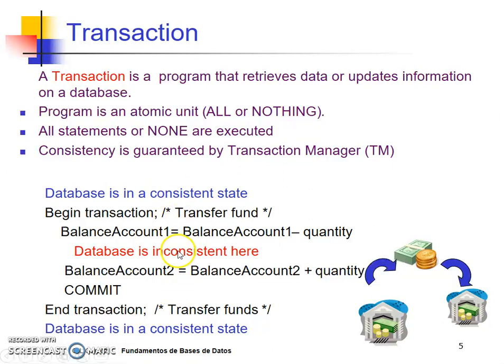In the meanwhile, you're going to have inconsistency. That's why we have to execute all the operations together. So we introduce some concepts here. When you start a transaction, you have to start with a begin transaction. And when you finish the transaction, you have to finish with a commit when you don't have any errors.